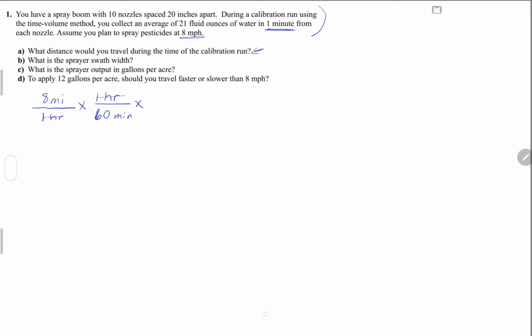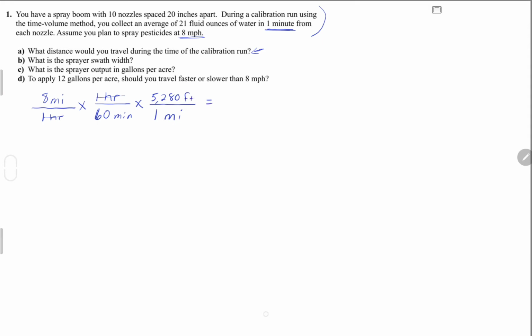In general, though, when we're talking distances and swath widths, it's easiest to standardize on feet, especially when we're trying to get to gallons per acre, because then we're going to be talking about square feet. And so if we want to convert this into feet, then we need one more unit conversion, and that is 1 mile. And again, we put that in the denominator so that we can cross out the units with the 8 miles per hour. And 1 mile is 5,280 feet.